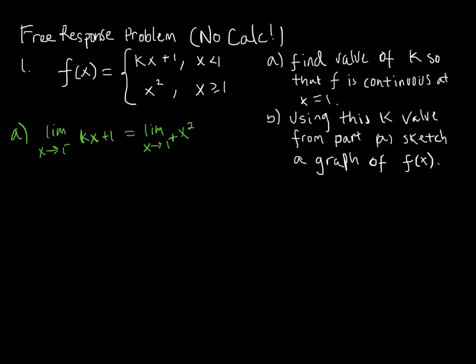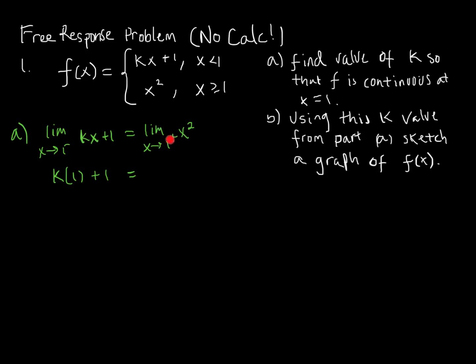So think about how you would evaluate the limit of this function. Well, this is a continuous function, right? No matter what the k value is, this is just a straight line with slope k. So to evaluate this limit, you would just plug in the value 1 into this function. So you would have k times 1 plus 1 is equal to, now over here, same idea, x squared is always continuous.